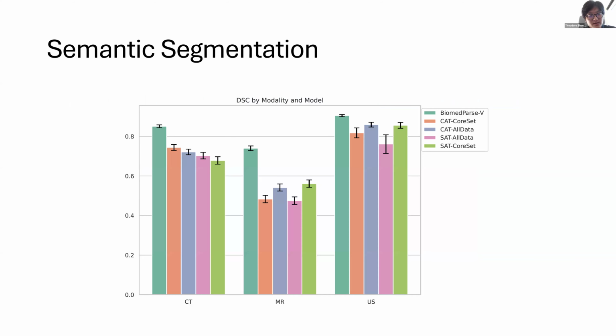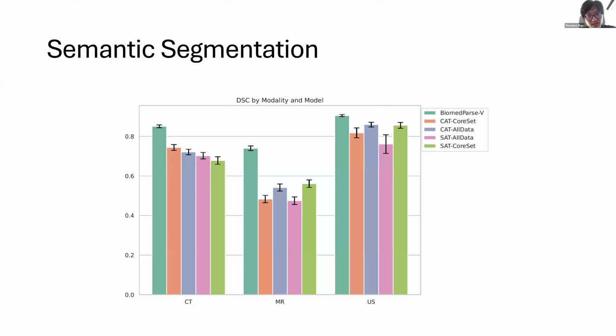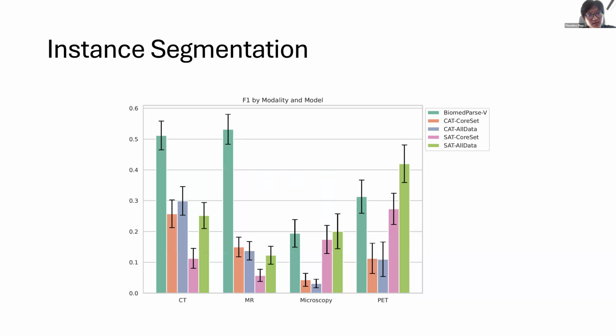After training the model on these datasets, we have a semantic segmentation comparison with other text-prompted 3D segmentation models, and our model was able to outperform the baseline models. This is the evaluation in NSD, and the previous one in the DICE score.